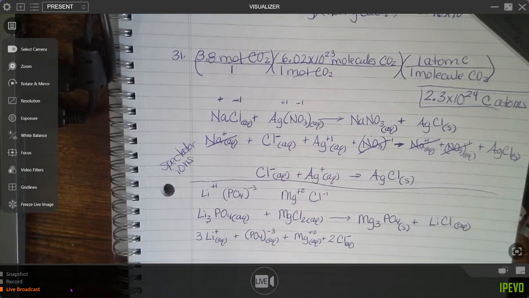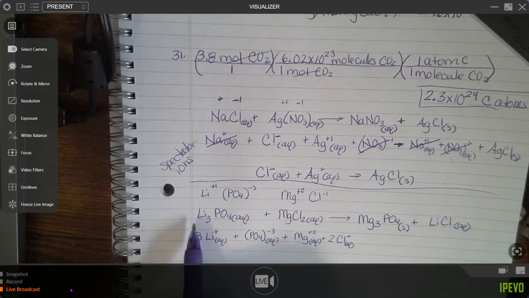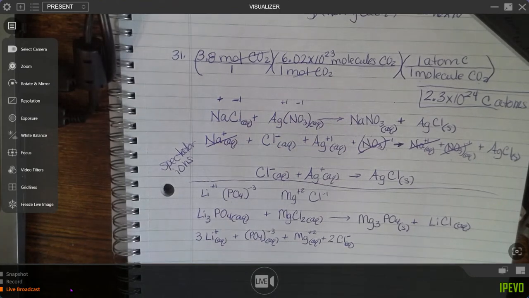Okay, so when you write this out, the subscripts become coefficients, because if we were to write Li3, that's a compound that doesn't exist. That would mean we had 3 lithiums connected to each other. That's not what we have. We have 3 lithium ions that are separate from each other.